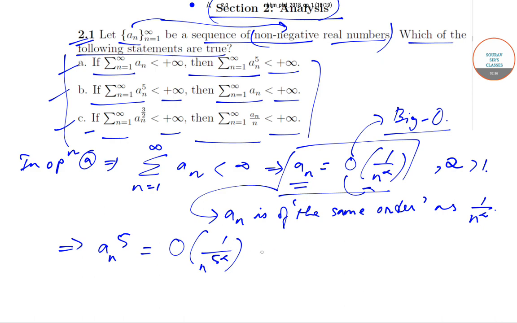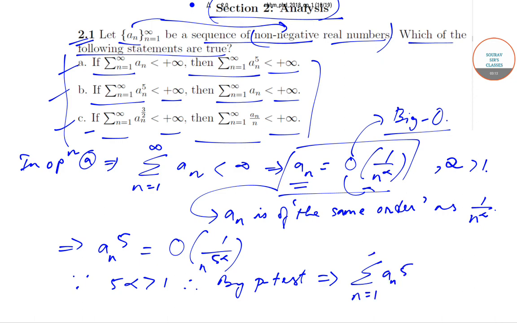And since we know that 5 alpha is greater than 1, by the p-test we get that the summation of a_n to the power 5, as n goes from 1 to infinity, is less than infinity. That implies that option A is true.